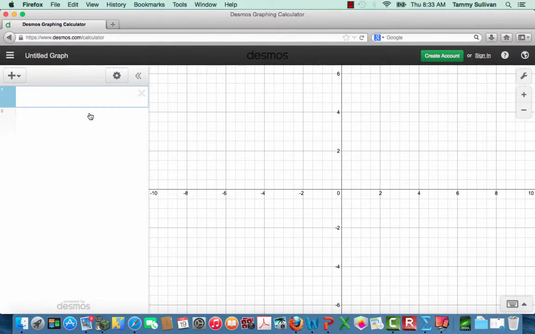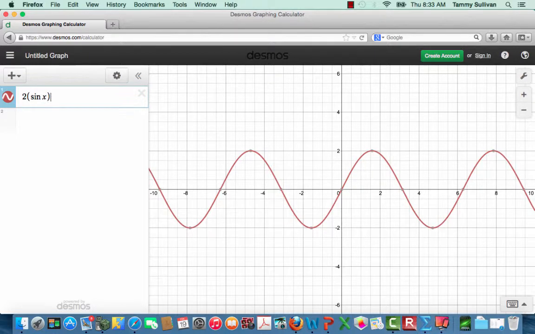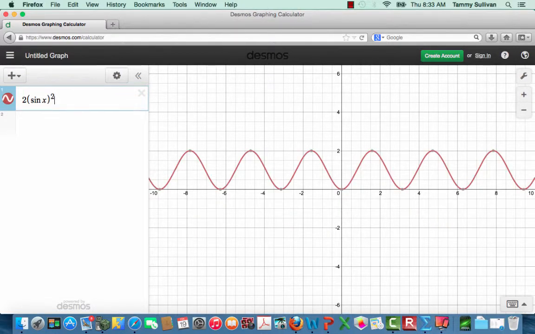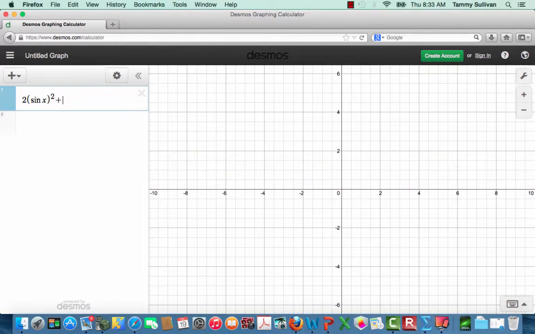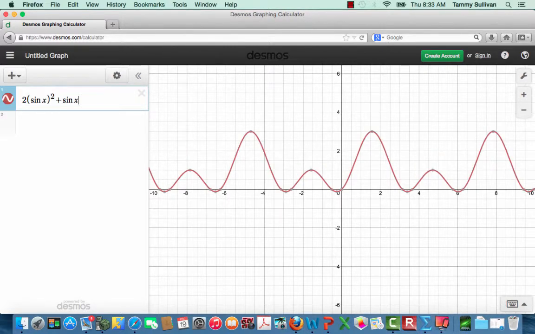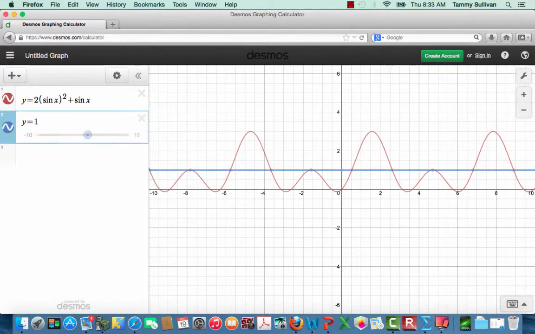So I'm going to put in the equation y equals 2 sine squared x plus sine x, and then I'm going to also do y equal to 1.